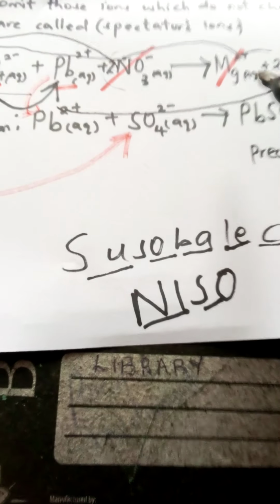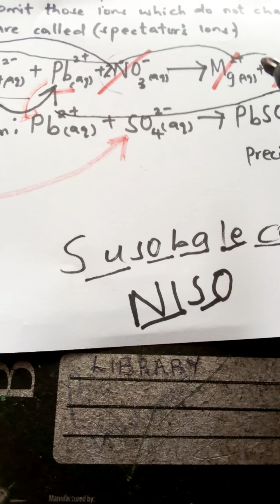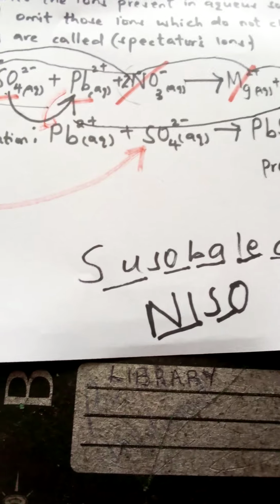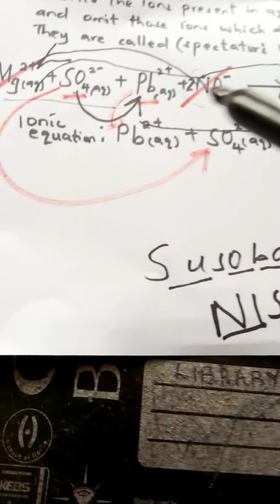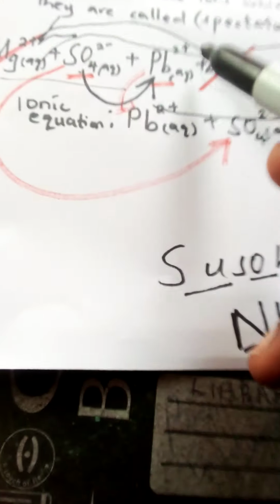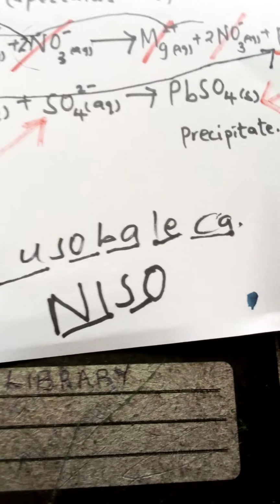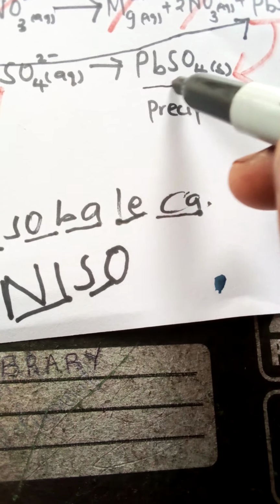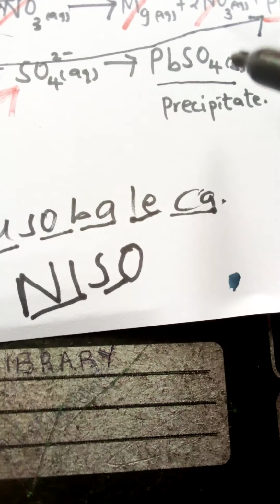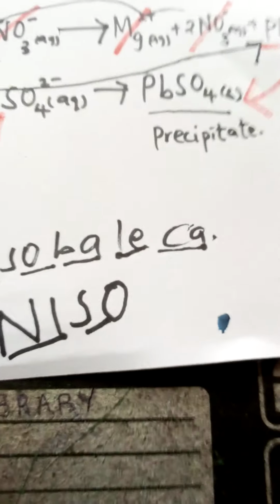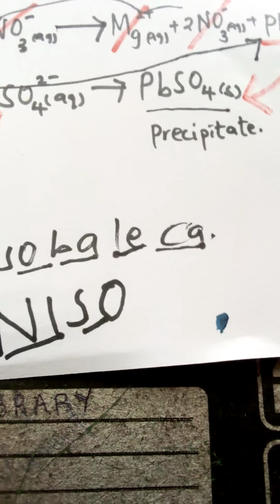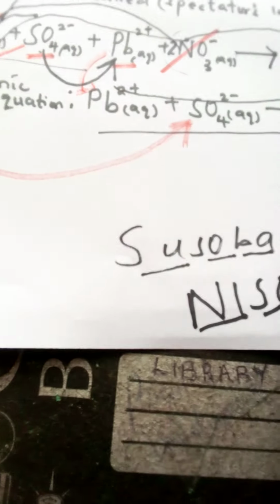So we cancel. These are the spectator ions. Then we write lead ion reacting with sulfate ion to form what we call lead sulfate. This lead sulfate is called a precipitate. So this is a method by which insoluble salts can be prepared, that is lead sulfate. This is an ionic equation.